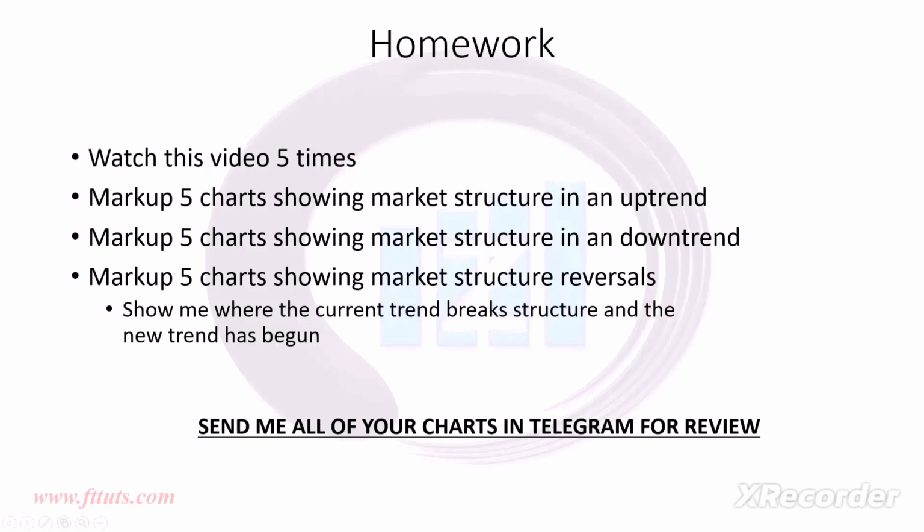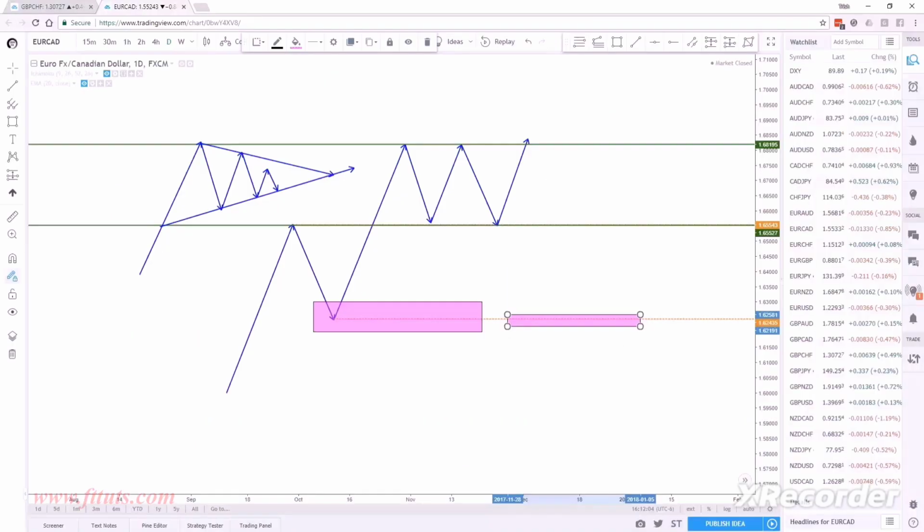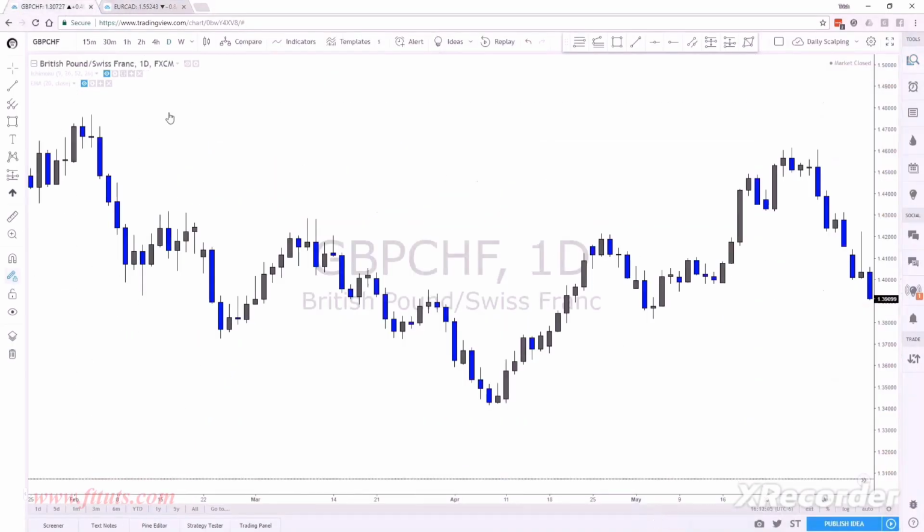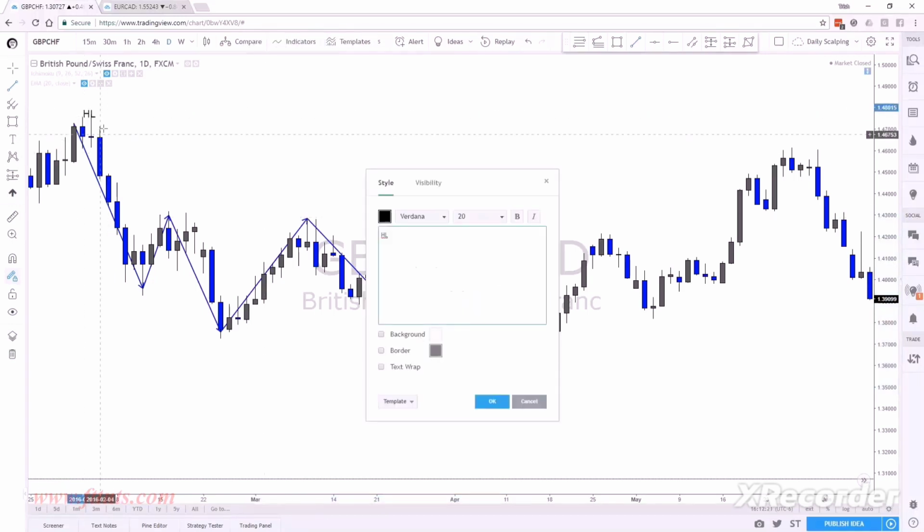So let me show you just real quick on a chart. I want you to go in and just take a chart, any time frame. Take the drawing tool and do exactly like this. Show me your higher highs, higher lows, show me your lower highs and your lower lows, and then label each one. Okay?